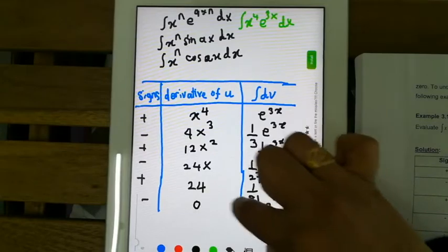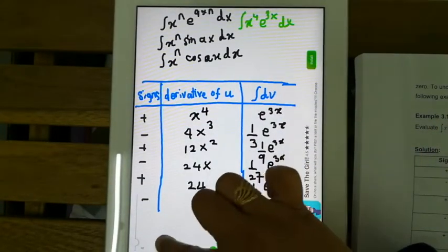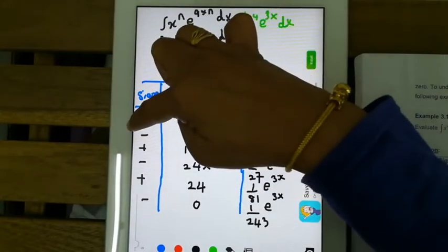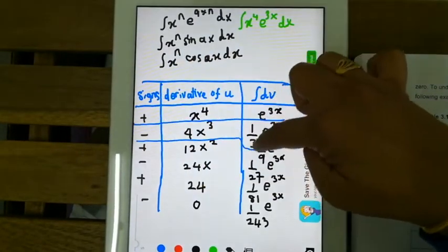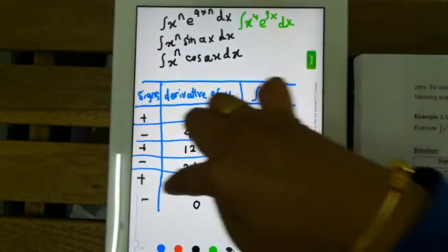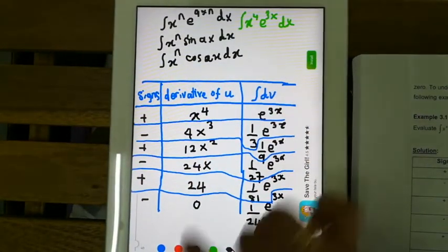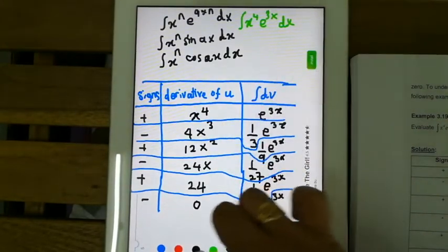Basically you must follow the right row as well, so let me draw the row for you. This is the first row, the second row, the third row, fourth row, fifth row, and sixth row. So basically we have 6 rows. Make sure they tally with each other.